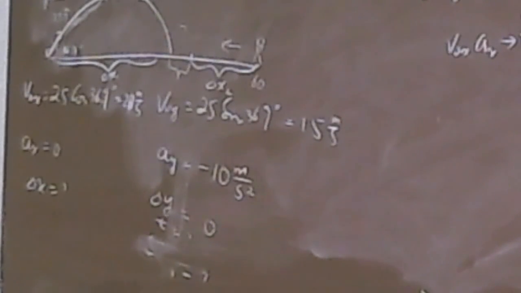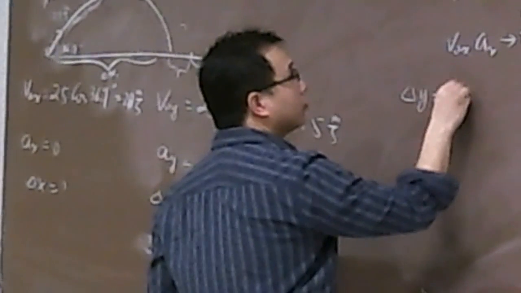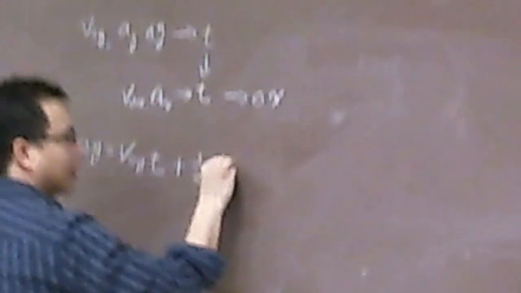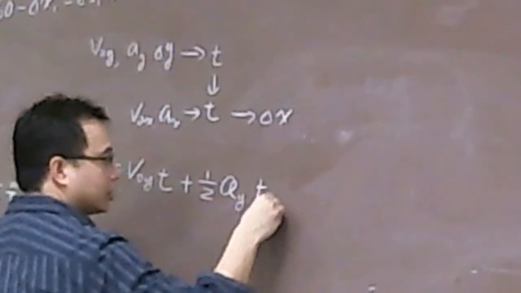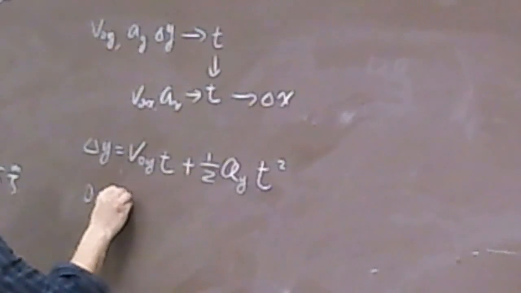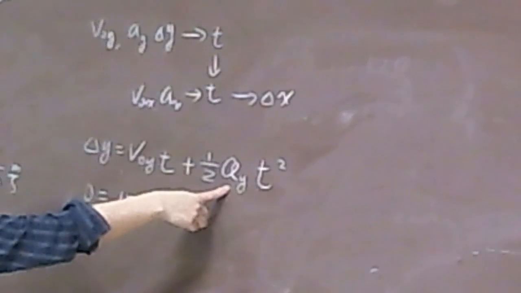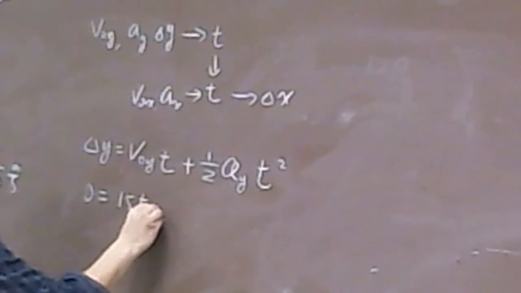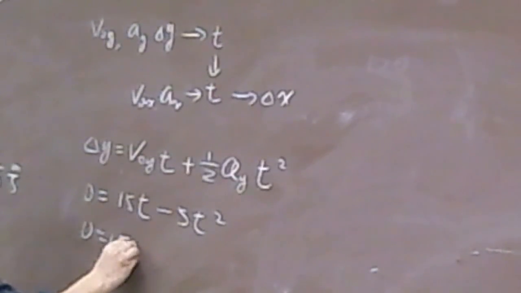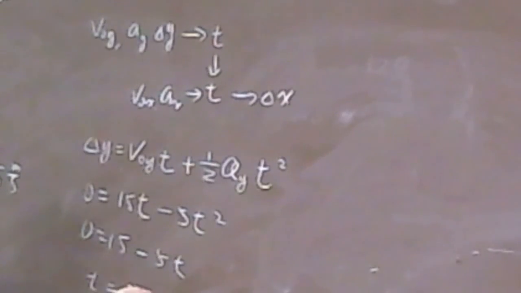Okay, so the first thing you want to use is delta y equals v naught y t plus one half ay t squared to calculate the time. So 0 equals 15 t, and this is negative 10 multiplied by one half, minus 5 t squared. So 0 equals 15 minus 5 t, so t equals 3 seconds.